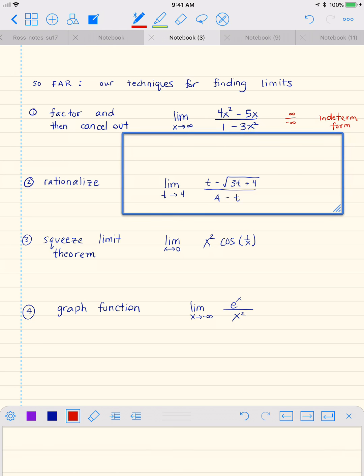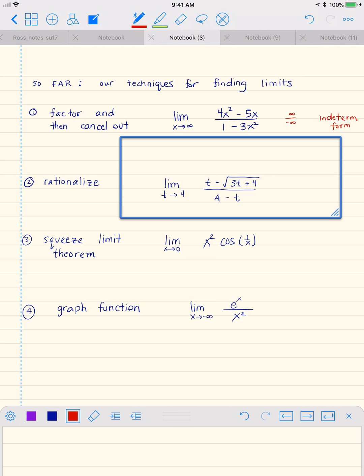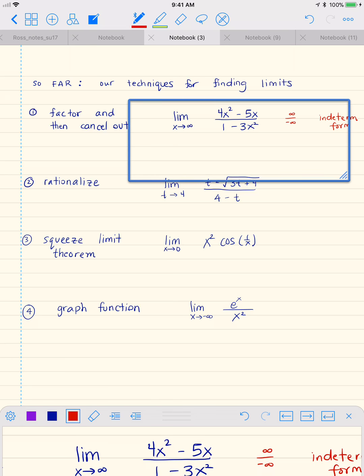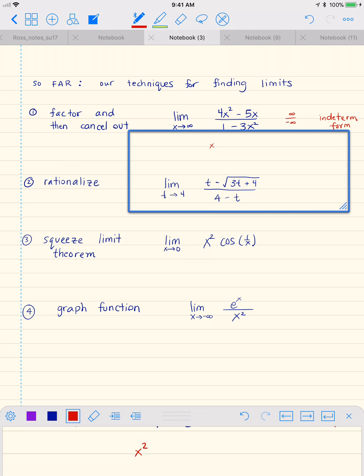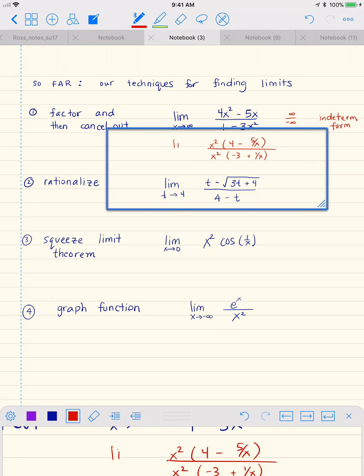So instead, the approach is to factor out an x squared in the numerator and an x squared in the denominator. If we pull out an x squared in the numerator, we'll get 4 minus 5 over x. And if we pull out an x squared in the denominator, we'll get negative 3 plus 1 over x. And then we're taking the limit as x goes to plus infinity.